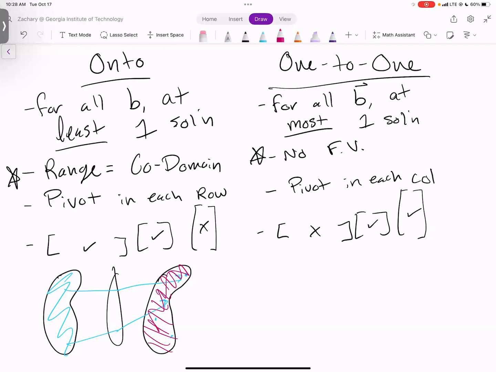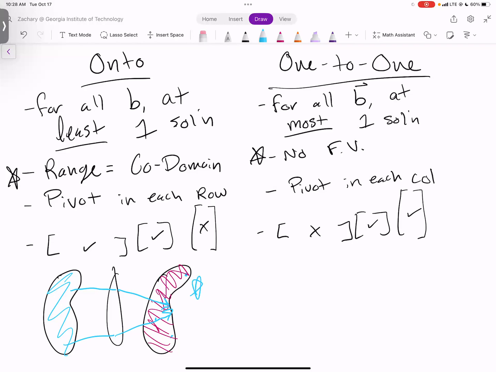What that doesn't mean is I can get everywhere uniquely. Maybe this x corresponds to this b, and this x also corresponds to this b. That's okay for onto. The biggest point is that this whole codomain is covered.